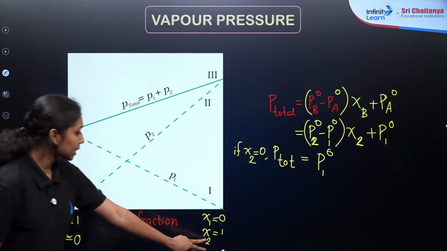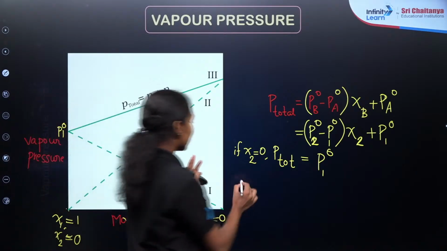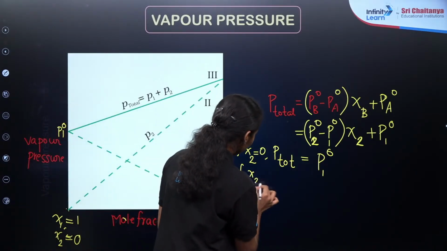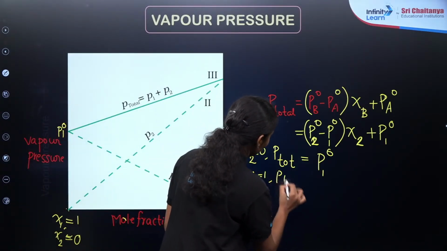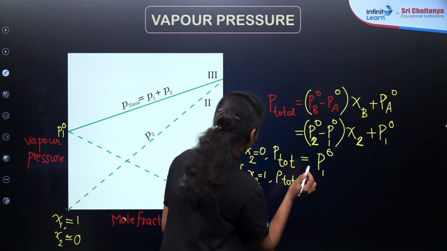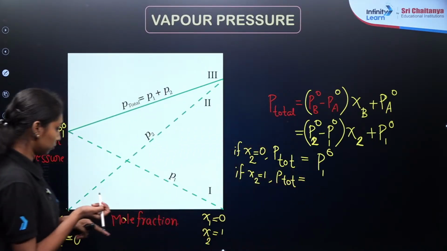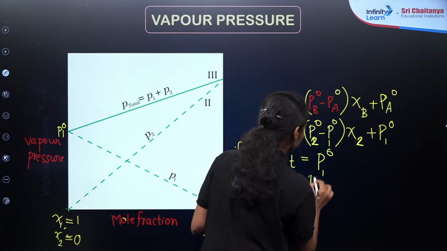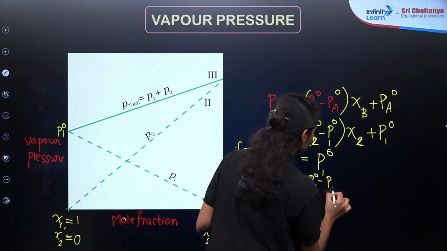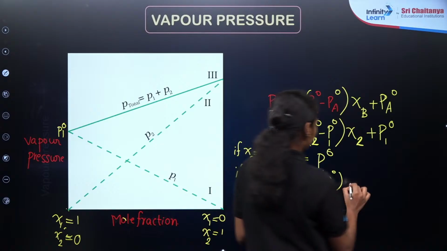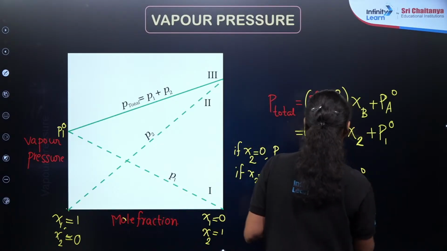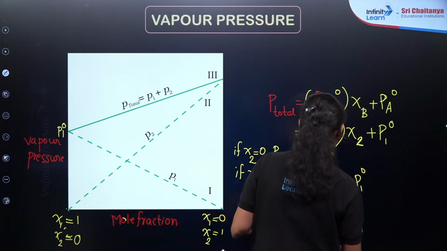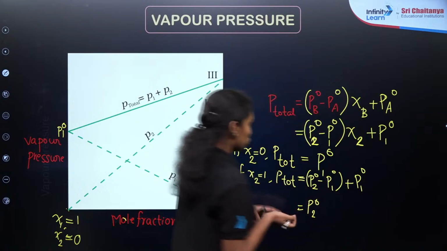Then what about the next case? If chi2 is equal to 1, what will be the value of P total? It should be P20, right?